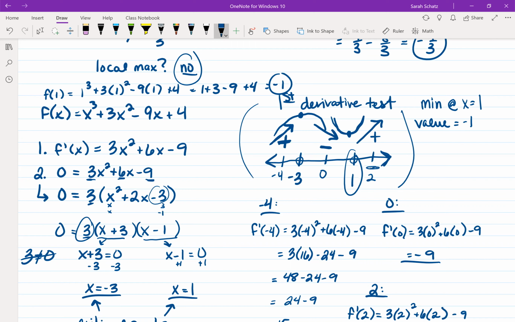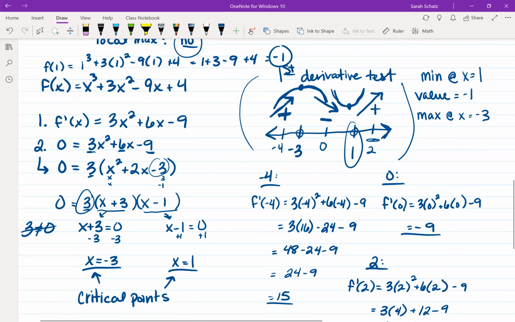All right, so what if it asks for a max? This time I'm not going to say no because there is a maximum point here. The max, where you go from up to down, is occurring at x equals negative 3. If I want to know the value of that max, I just have to put it into the function.